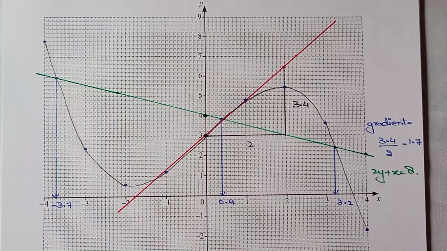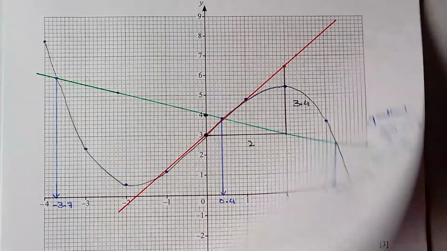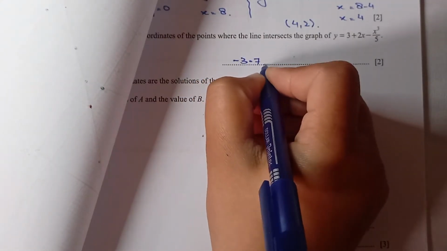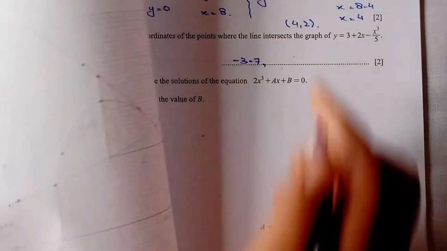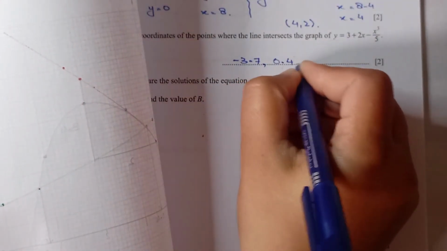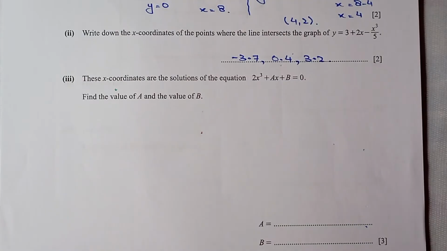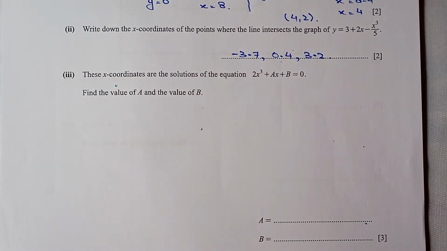So at these 3 points, the line cuts the curve: -3.7, 0.4, and 3.2. These are the 3 x coordinates. Now for part E, these x coordinates are the solutions of the equation. Find the value of a and the value of b.